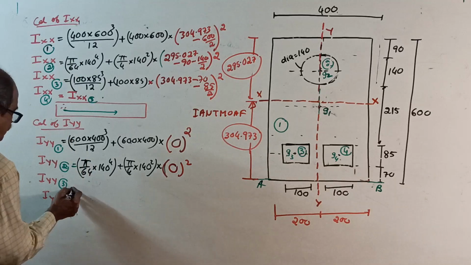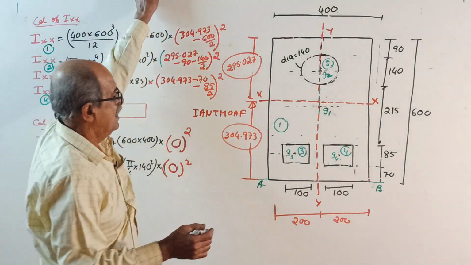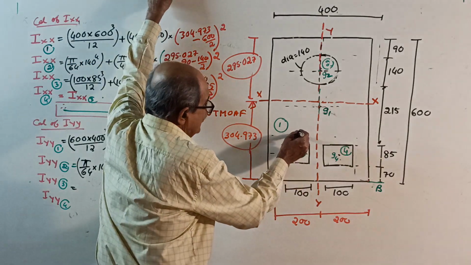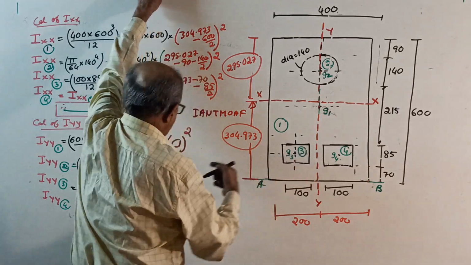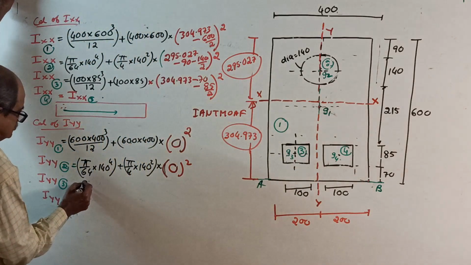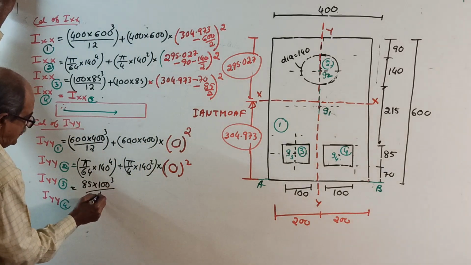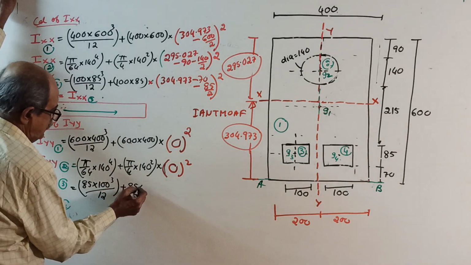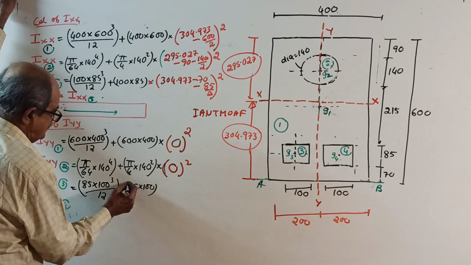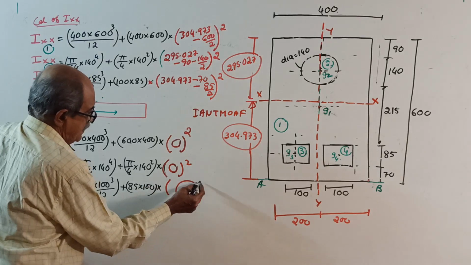Iyy for 3. First, I about its own centroidal axis. See here, 85 into 100 cube by 12, that is IG, plus area. 85 into 100 is the area into, once again, 0 square.